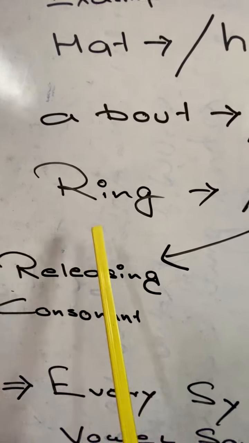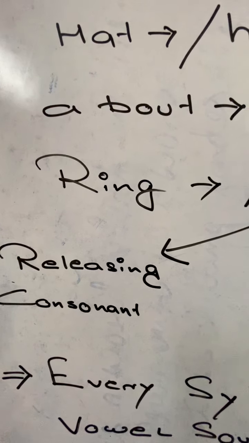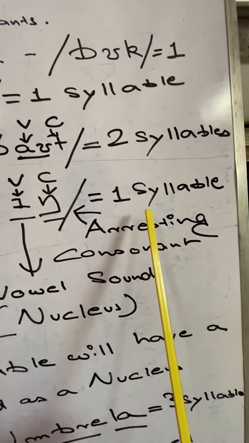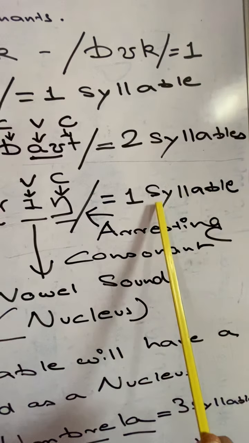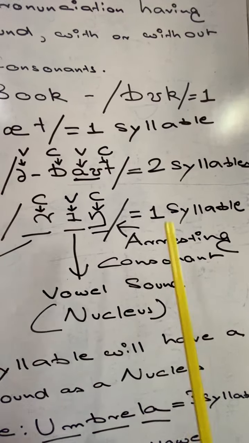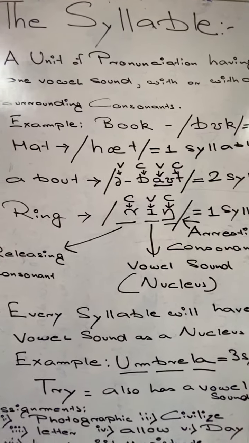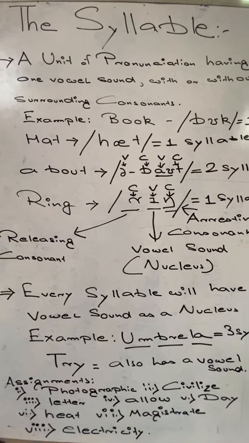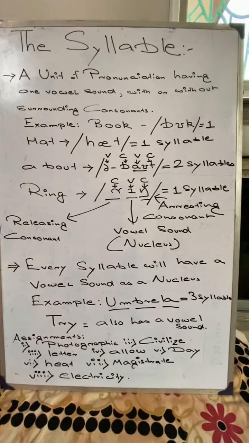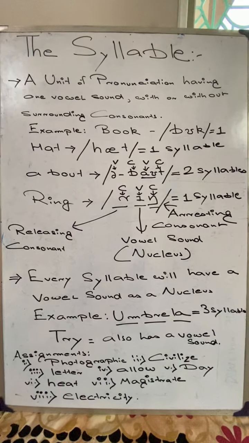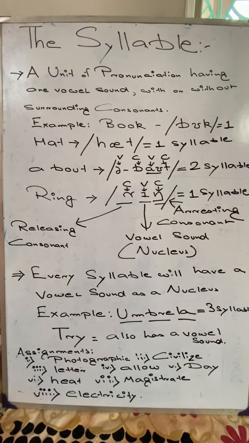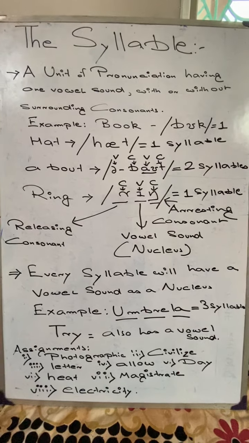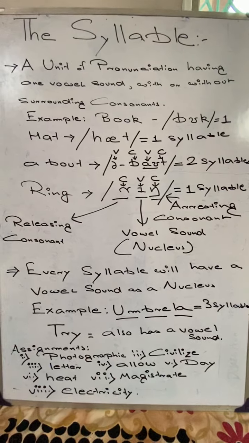Now consider the word ring. How many syllables do you think are there in ring? Obviously, you have just one syllable in ring. Now, if I give you a word called English, which is not written here, how many syllables does it have? The word English has two syllables.